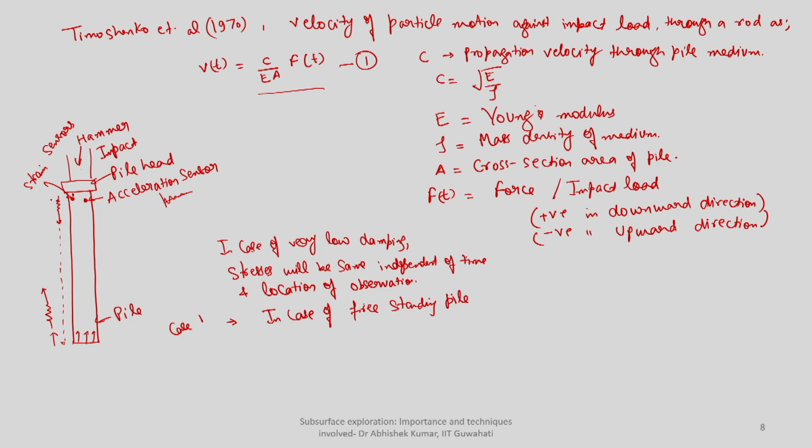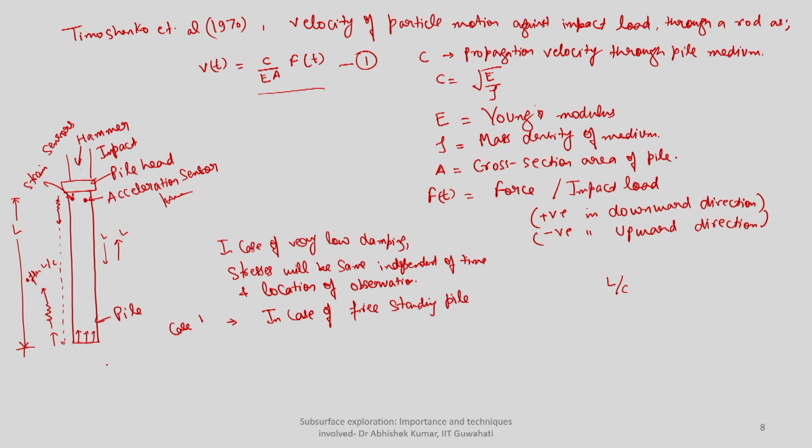Now, considering the length of the pile to be L and the velocity of propagation through the pile medium as C, the minimum time required by the impact load to reflect from the bottom will be L by C. This will be after L by C at the toe, but by the time it reaches the acceleration sensor it will become 2L by C, because L is downward, then another L upward.